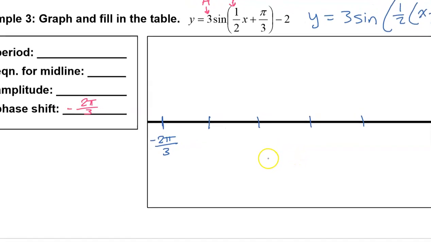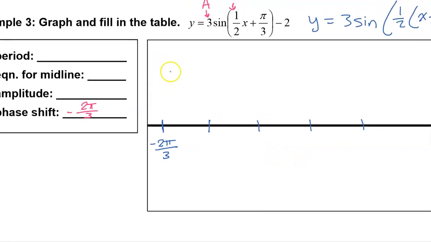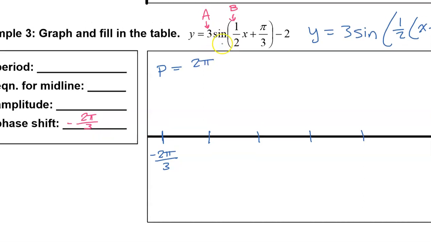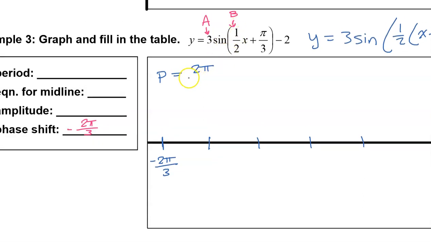So it'll be useful to know what the period is, first of all. For the sine function, the period is usually 2 pi. But if there's a b value, then the period becomes 2 pi divided by that b value.